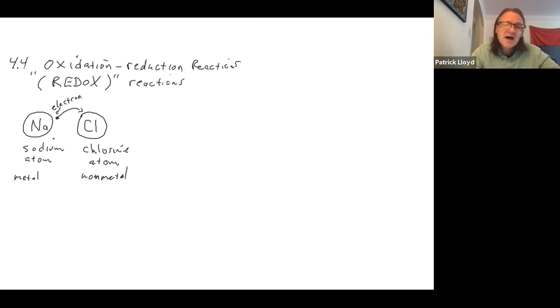One way is with a dot. We're going to talk about that in chapter 8. But in this chapter, the way we generally represent an electron is a lowercase e with a negative superscript. So that's how we'll represent the electron here. The electron is negatively charged and it will transfer from the metal to the non-metal.